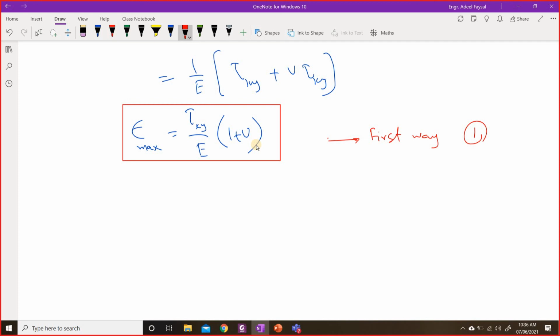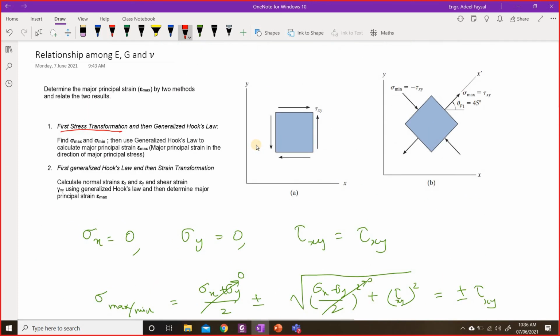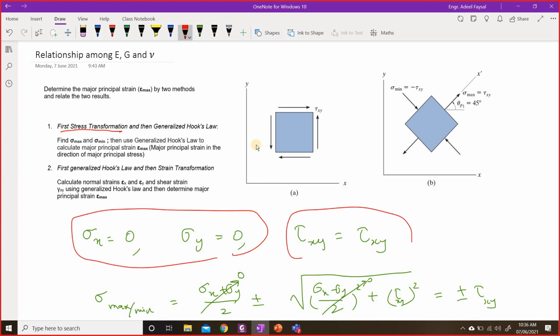The second way is, let's look at the second way. First use generalized Hooke's law and then use strain transformation. So let's see how this method works. Calculate normal strains epsilon x and epsilon y and shear strain by using generalized Hooke's law. So let's do this first. If you look at this element, you can see that sigma x and sigma y are 0, and tau xy is equal to some value tau xy.